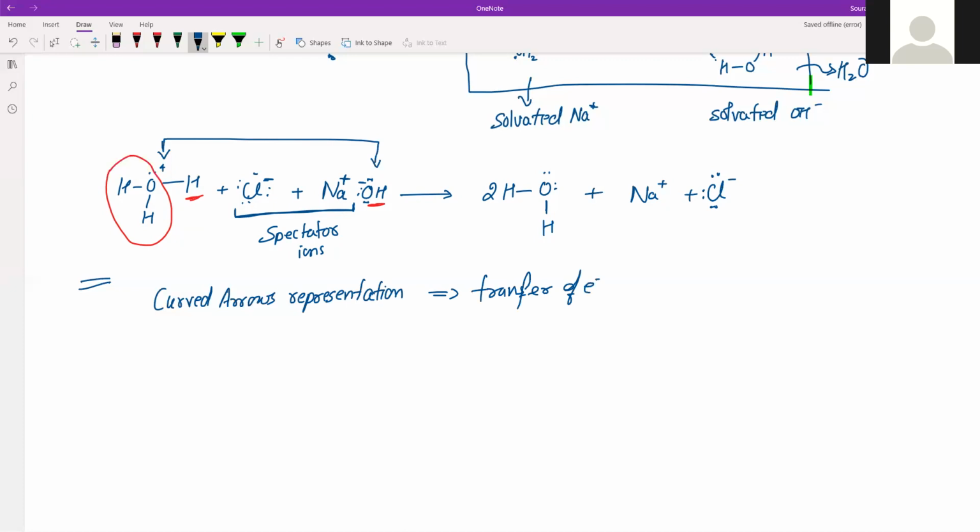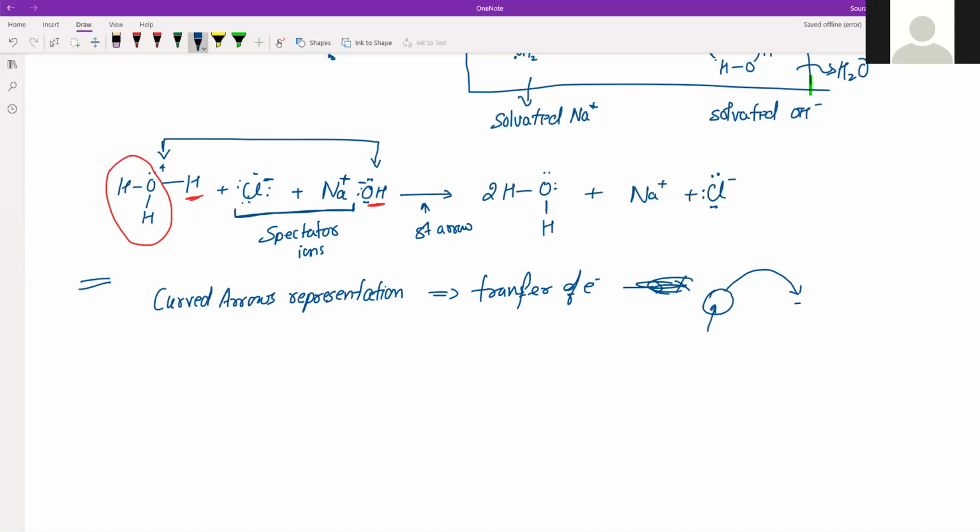So this is not a straight arrow. This is a straight arrow. Curved arrow we use, and it will be given like this. And this is to show transfer of electron.